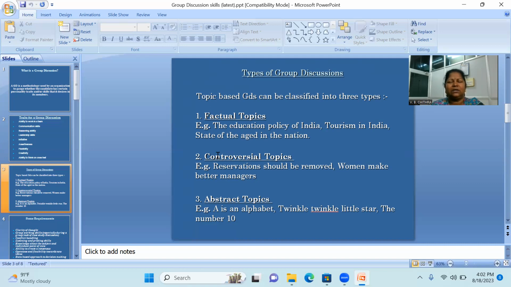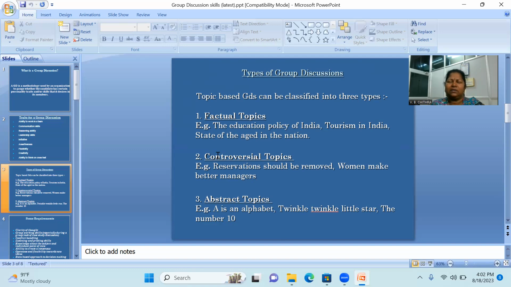The second important category of group discussion is called controversial. Controversial topics will be given sometimes, in order to elevate the negotiation skills and assertiveness, and even problem solving skills. For example, reservation should be removed. Topics like this require a lot of knowledge from various students, because the students will be of various backgrounds also.